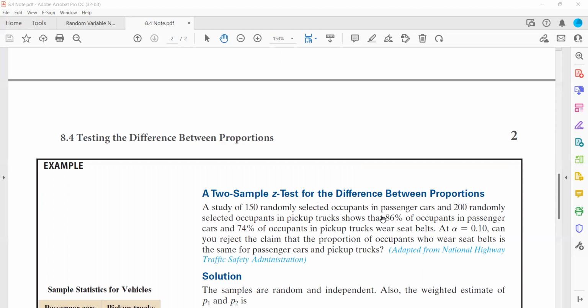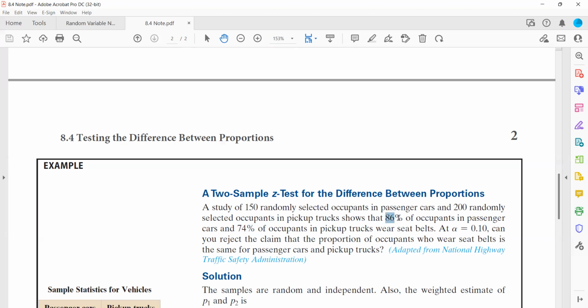Okay, so we have the proportion for the first sample and the proportion for the second sample. At 10% level of significance, can you reject the claim the proportion of occupants who wear seatbelts is the same for passenger cars and pickup trucks?